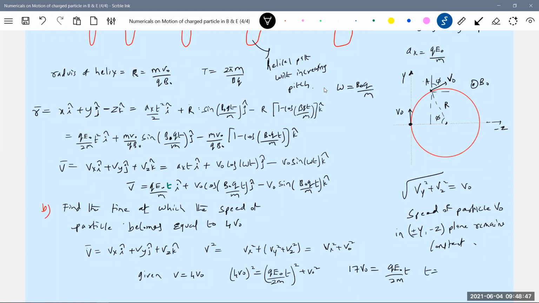So what is the expression for time? t square. So this will become, mv naught by qE naught. This will be our answer.